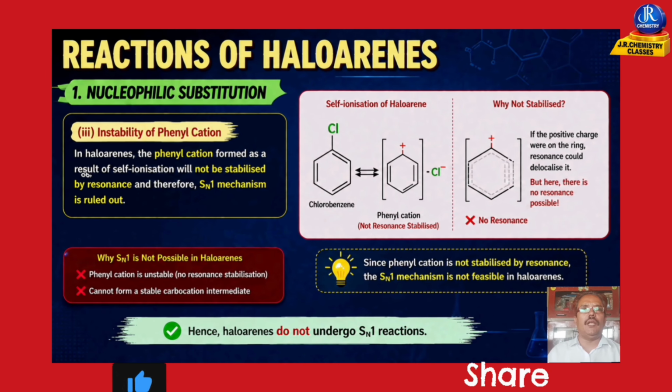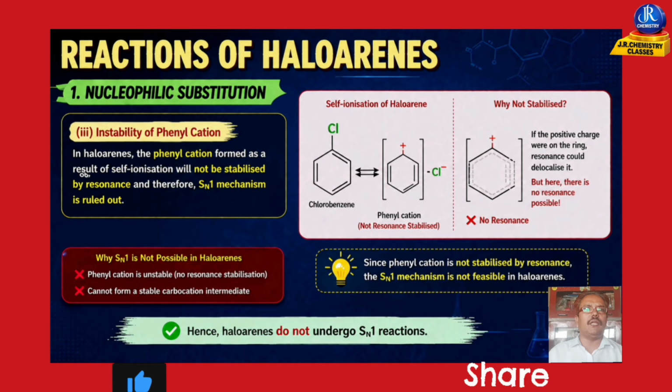And number three is instability of phenyl cation. In case of haloarenes, the phenyl cation formed as a result of self-ionization will not be stabilized by resonance, and therefore SN1 mechanism is ruled out.